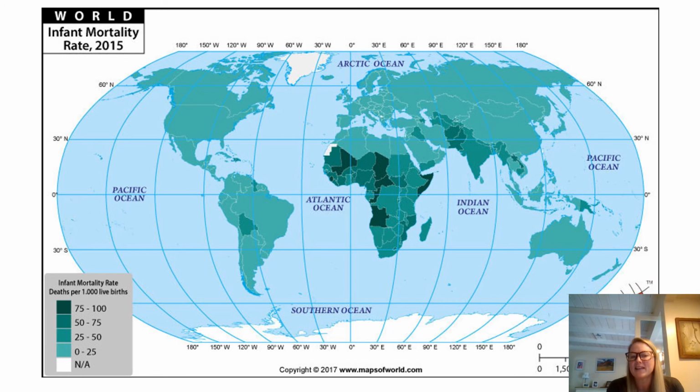You can see the areas in the dark teal green sections of the world tend to have high infant mortality rates. The ones in a lighter shade of green have lower infant mortality rates. So you can see some of the African nations definitely have higher infant mortality rates when you compare them to, say, North America.